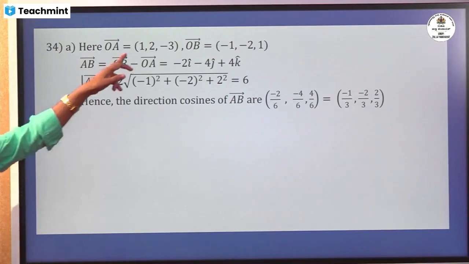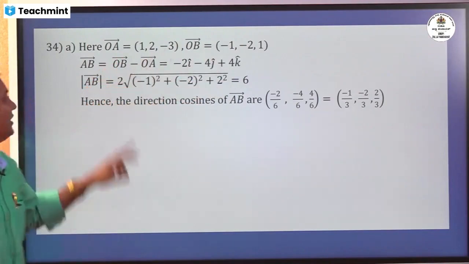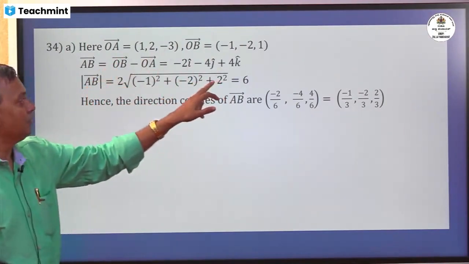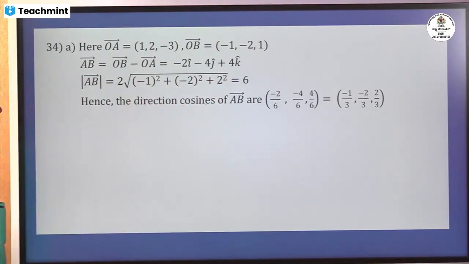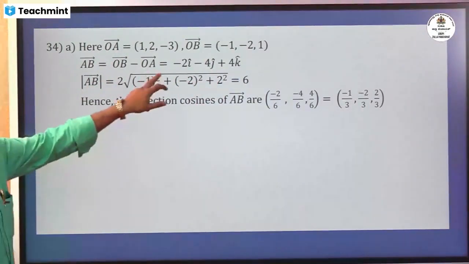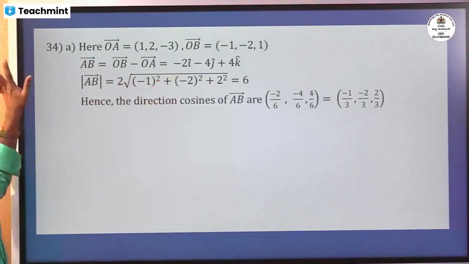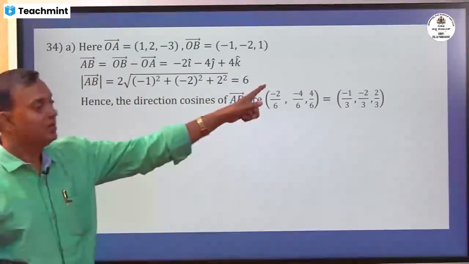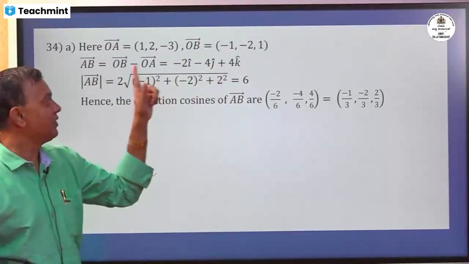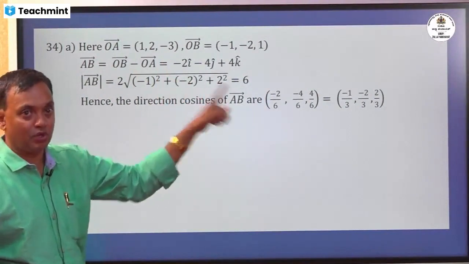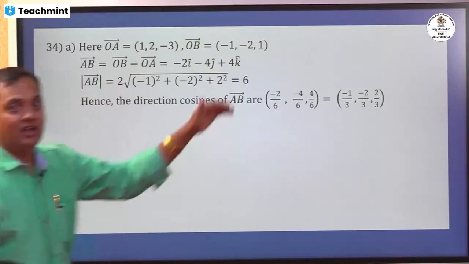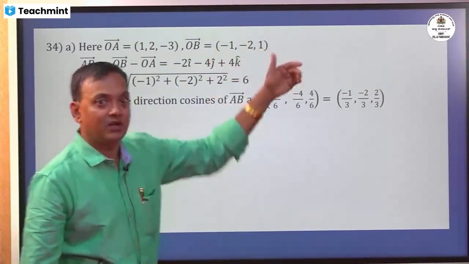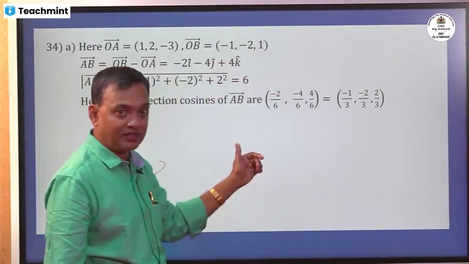So find AB, then the magnitude. Here I took 2 common, and it came like this. So root 9, which is 3, into 2 is 6. The direction cosines are the first component by magnitude, the second component by magnitude of vector AB, correct?